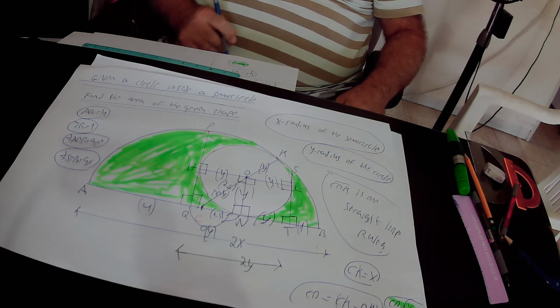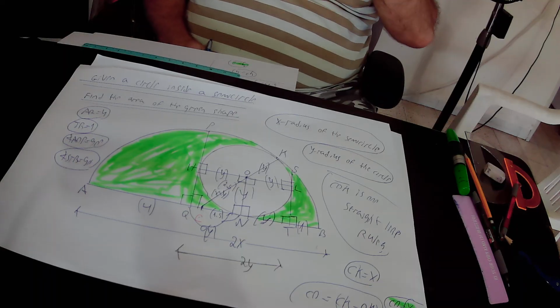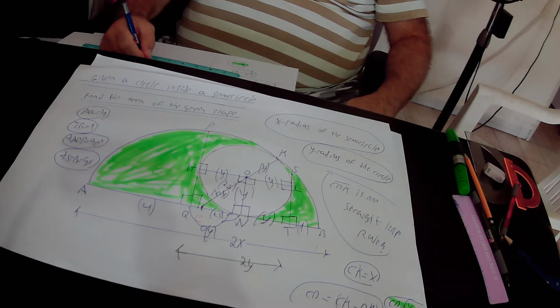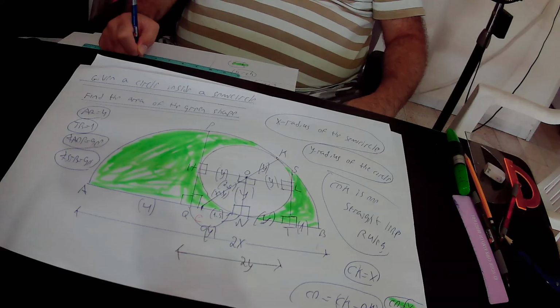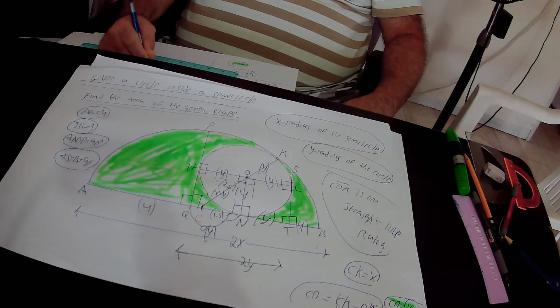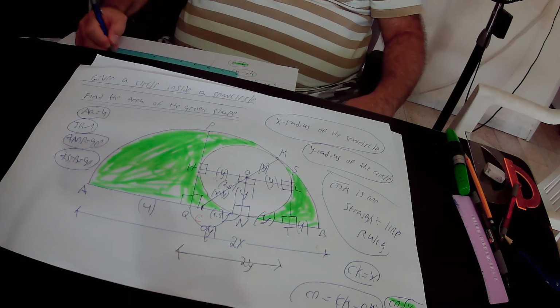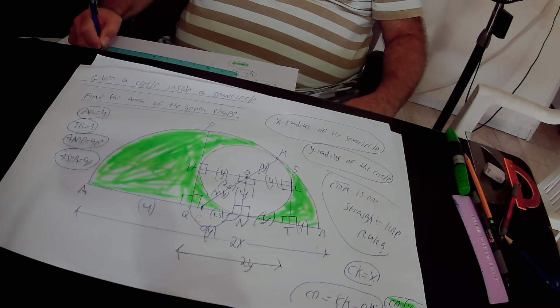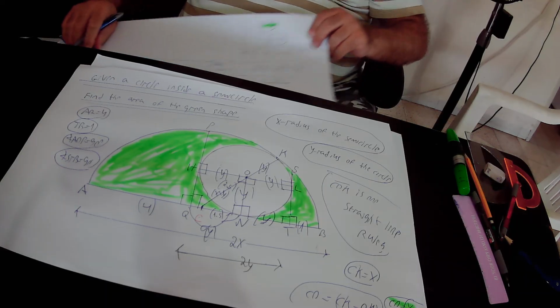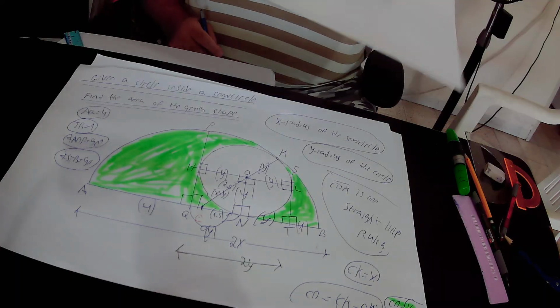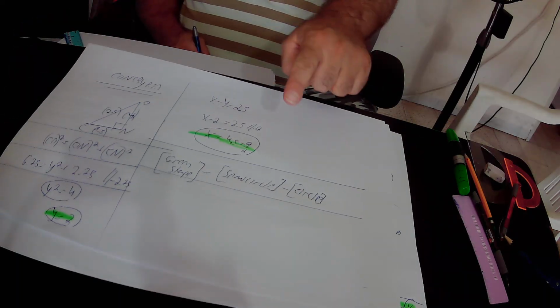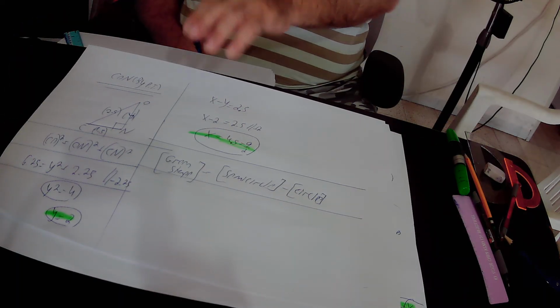From the drawing, it's very easy to see that the area of the green shape equals the area of the semicircle minus the area of the small circle. And again, the area of the green shape is equal to the area of the semicircle minus the area of the circle.